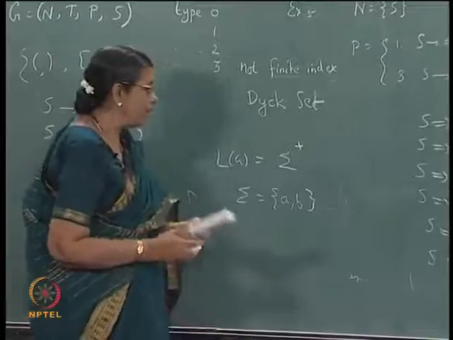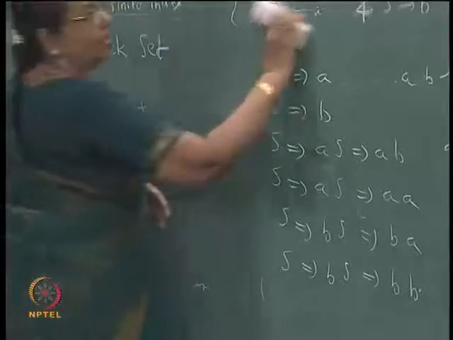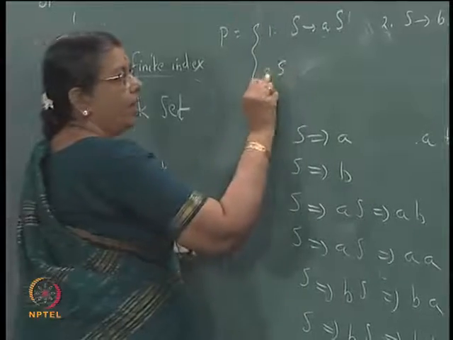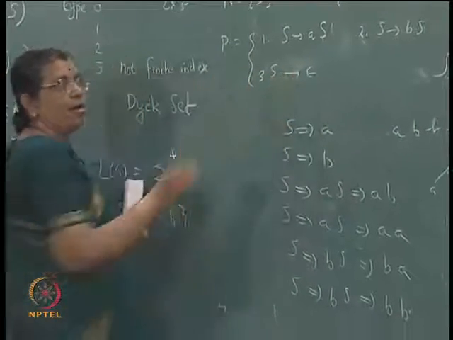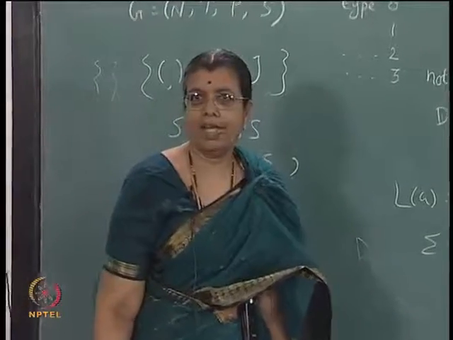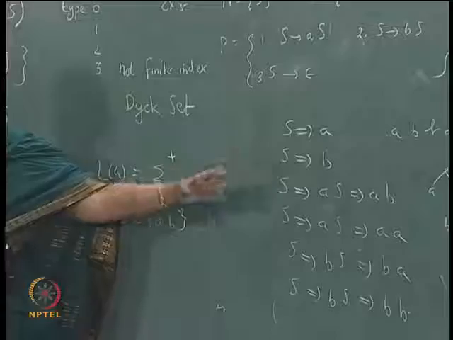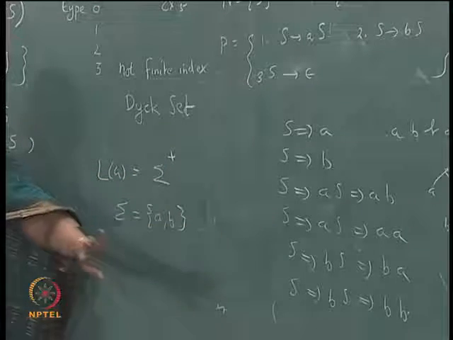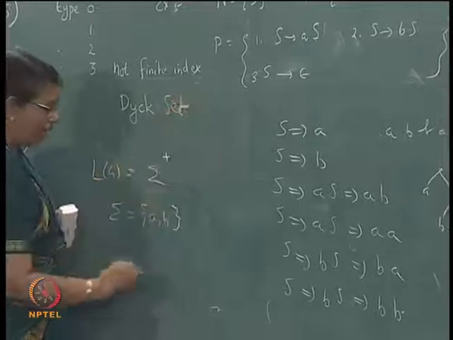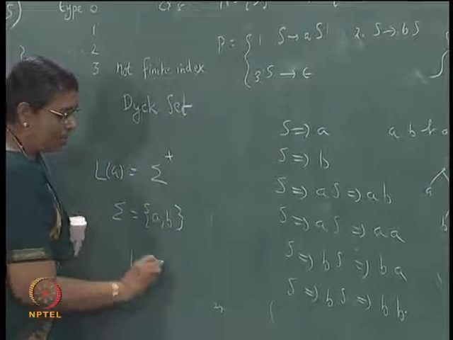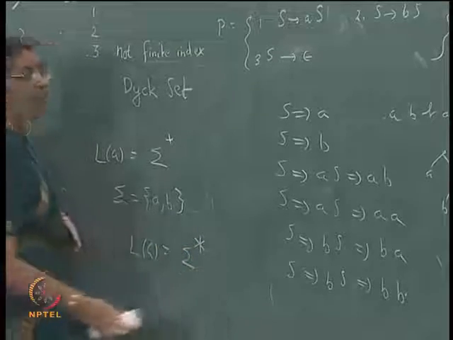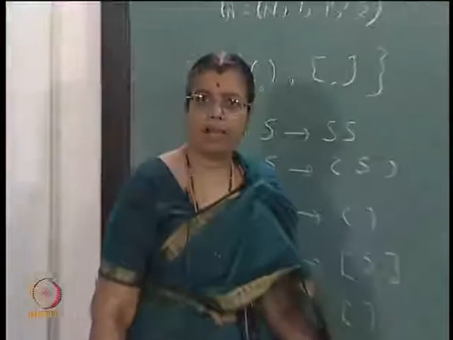Now instead of these 2 rules, if I just have S goes to epsilon, then I can generate epsilon also. I can generate any string of A's and B's. So if I replace the 2 rules by S goes to epsilon, the language generated will be sigma star, where sigma is AB. Any string of A's and B's can be generated.